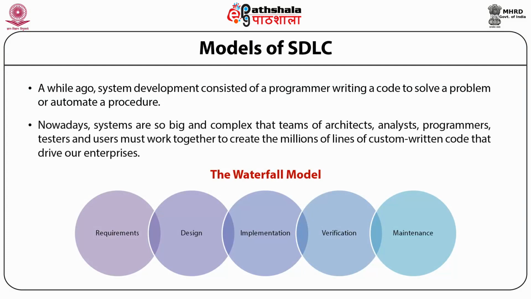Nowadays, systems are so big and complex that teams of architects, analysts, programmers, testers, and users must work together in creating the millions of lines of custom-written code that drive the enterprises. Because different types of projects have different requirements, it may be necessary to choose the system development life cycle model according to the specific needs of the project.